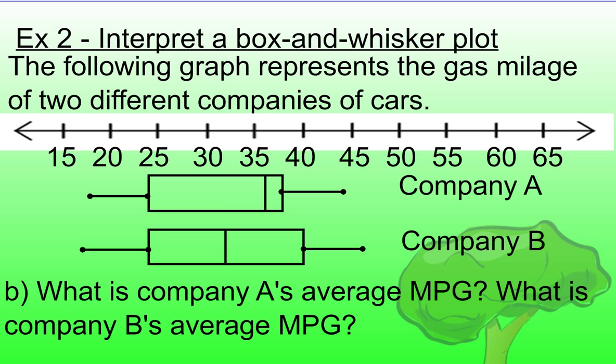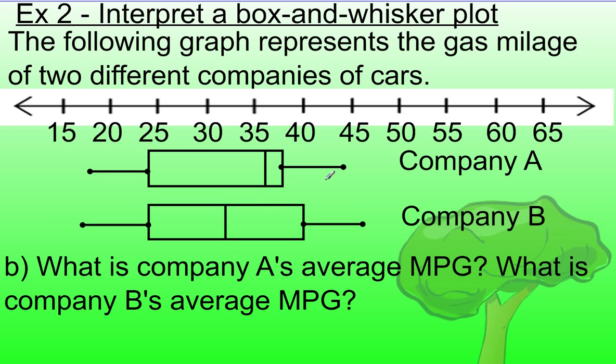Letter B asks, what is company A's average miles per gallon? And then what is company B's average miles per gallon? Well, the average. Remember, an average is always represented by the middle. Would we say the middle of this to be like in here? Does that make sense? Hopefully not.